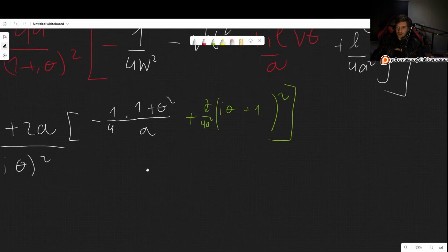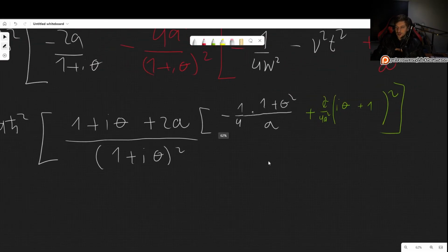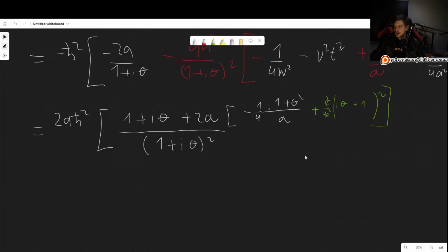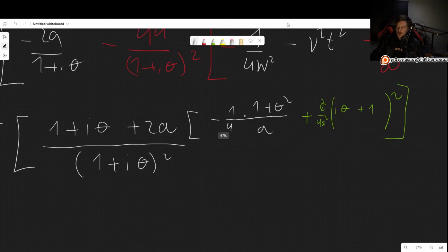Okay, now it's slowly looking like it makes some sense. Another thing that we can do, with the objective of trying to get rid of at least some of this, is to rewrite 1 plus theta squared as 1 plus I theta times 1 minus I theta.